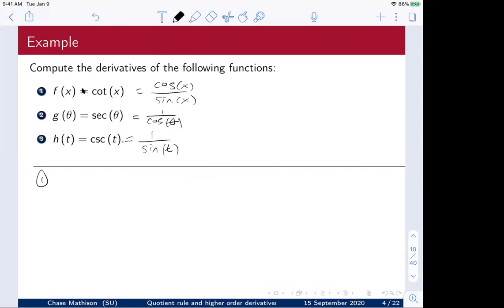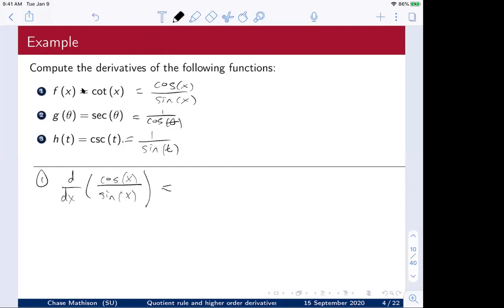I'm taking the derivative with respect to x of cosine of x over sine of x. Cosine of x divided by sine of x tells me that I need to use the quotient rule, right? When I read this function out loud, I have to say divided by, and so I need to use a quotient rule when I'm differentiating.